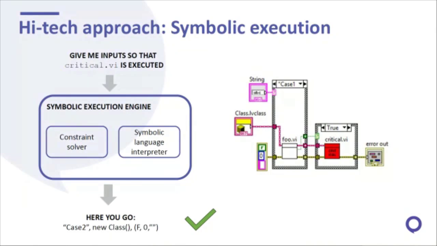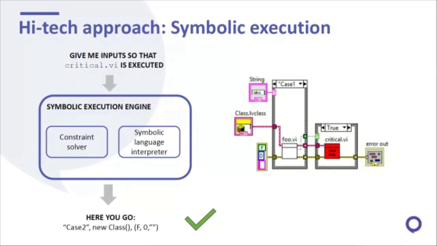In this example, let's say that if we go through the second case, which we don't see in the picture, and we have an empty class which we can generate through the constructor, and a false error input, then we execute the critical VI.